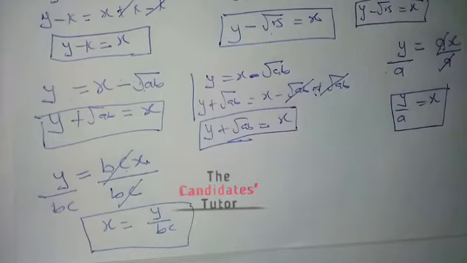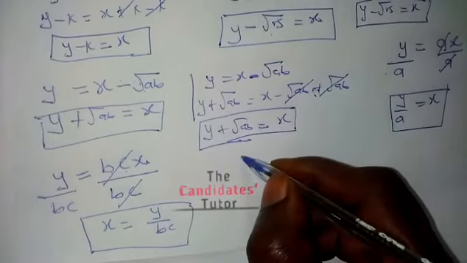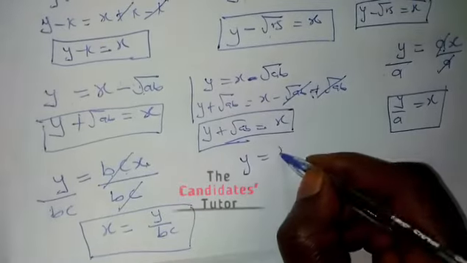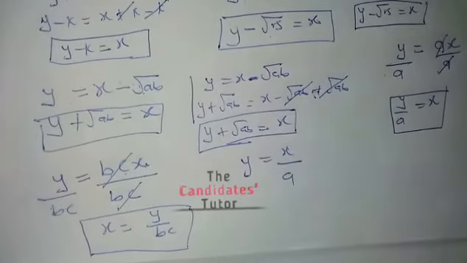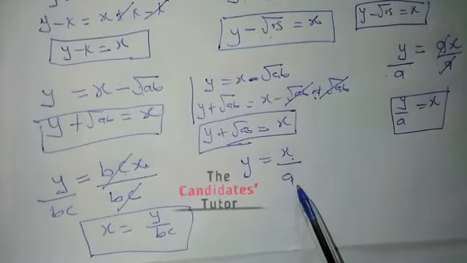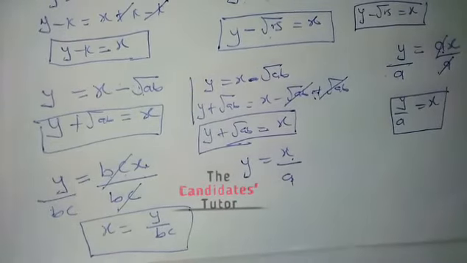Let's solve more questions. What about if we have something like this: y is equal to x over a. Now you realize that the letter that is affecting our x here, that we want to stand alone, or want to make the subject, is a. That's the letter affecting it, and the operation sign that's connecting them is the division sign.